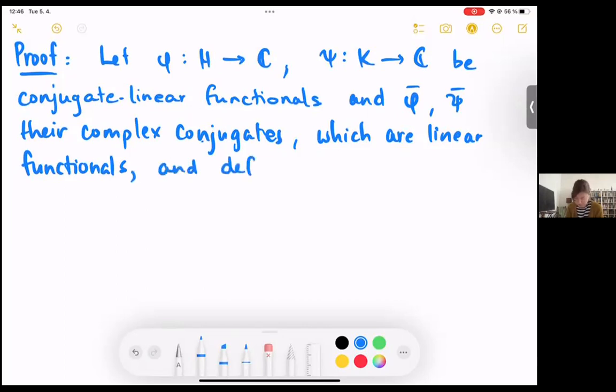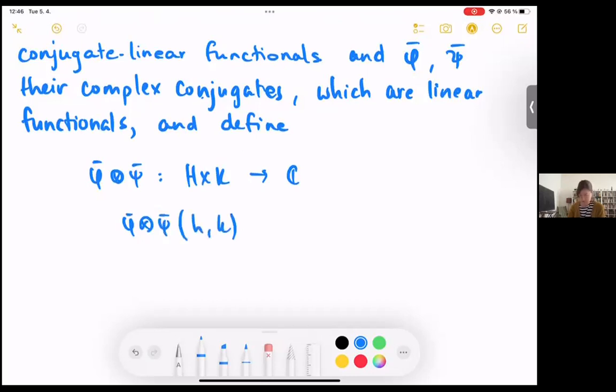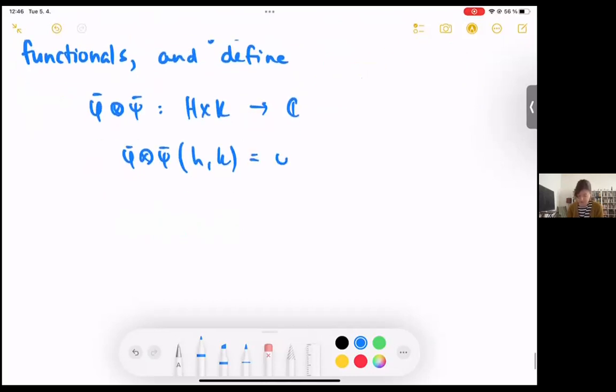And define phi bar tensor psi bar from H cross K into C by just taking the obvious thing, multiplying these two together.